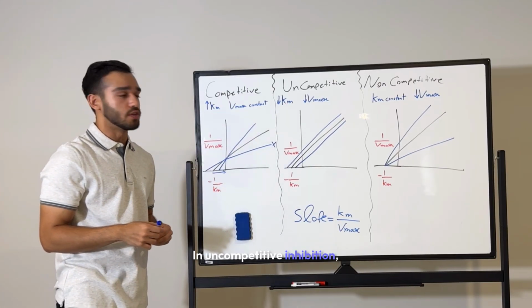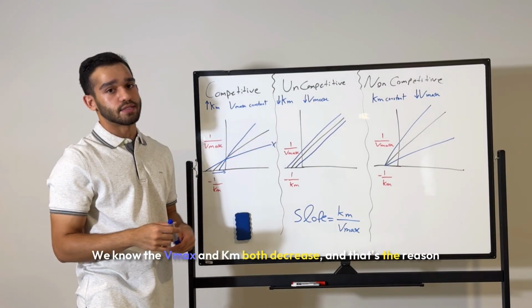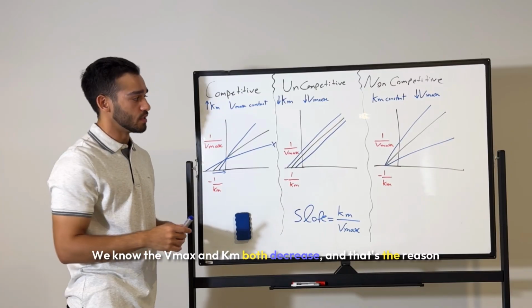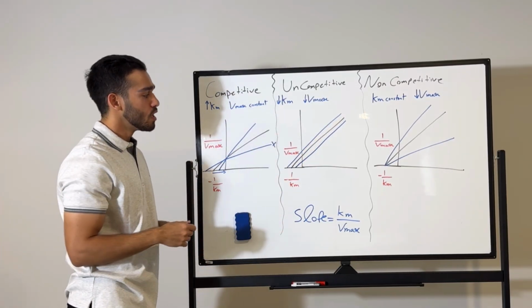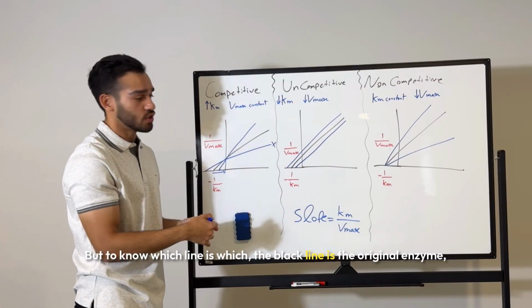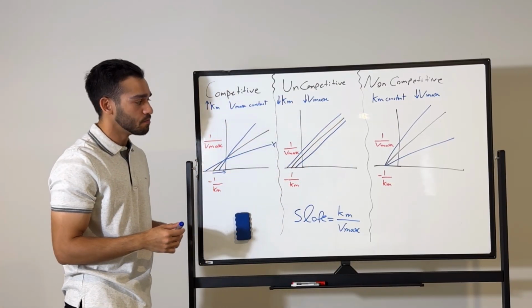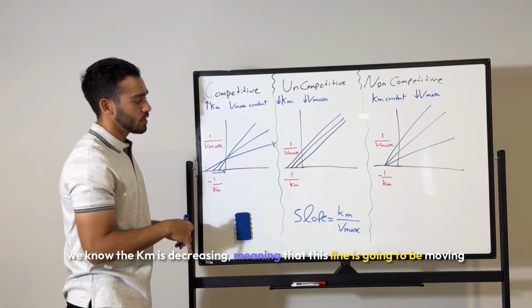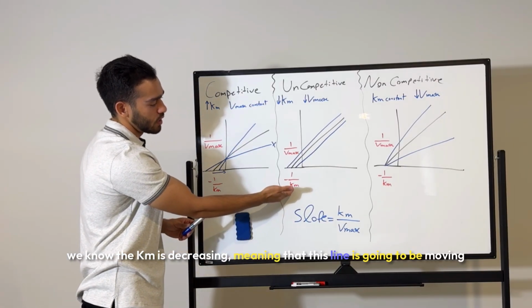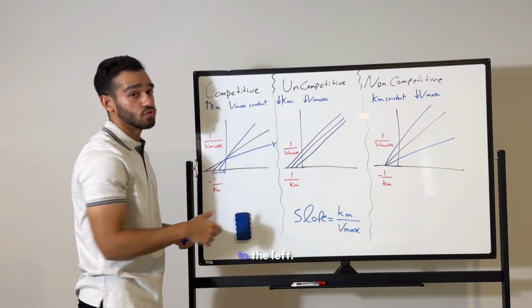In uncompetitive inhibition, we know the Vmax and Km both decrease, and that's the reason that the slope is always constant. But to know which line is which, the black line is the original enzyme, we know the Km is decreasing, meaning that this line is going to be moving to the left.